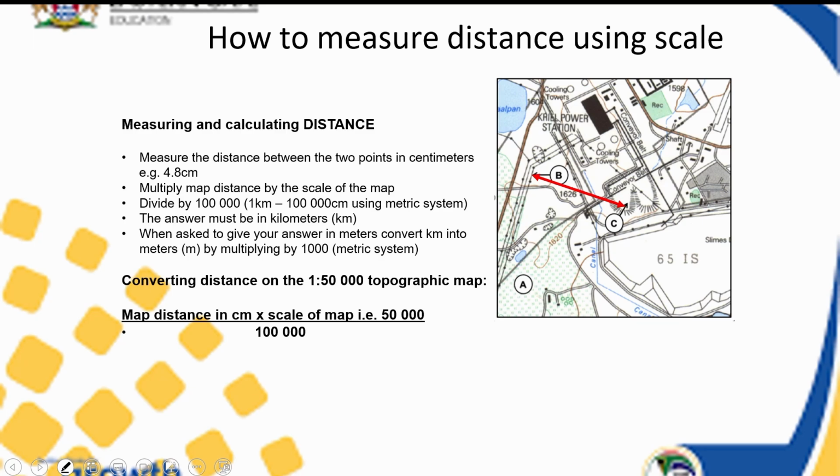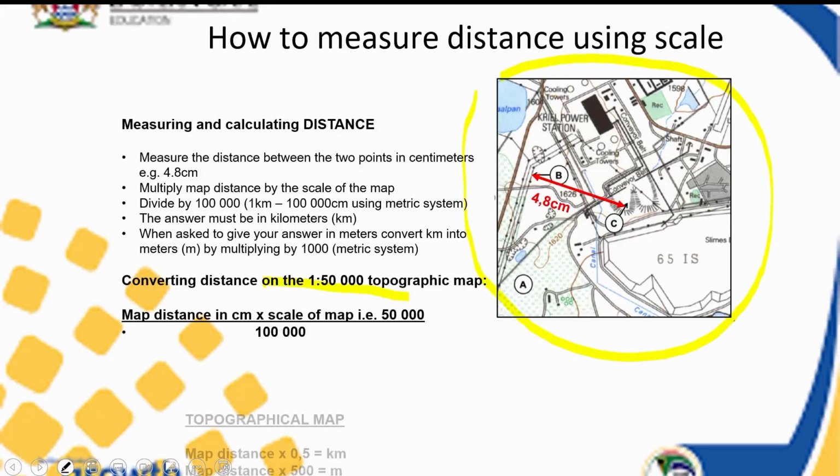When you are using a topographical map, our scale for all maps in South Africa is 1:15,000. Then, if you are using an orthophoto map, the scale is 1:10,000.